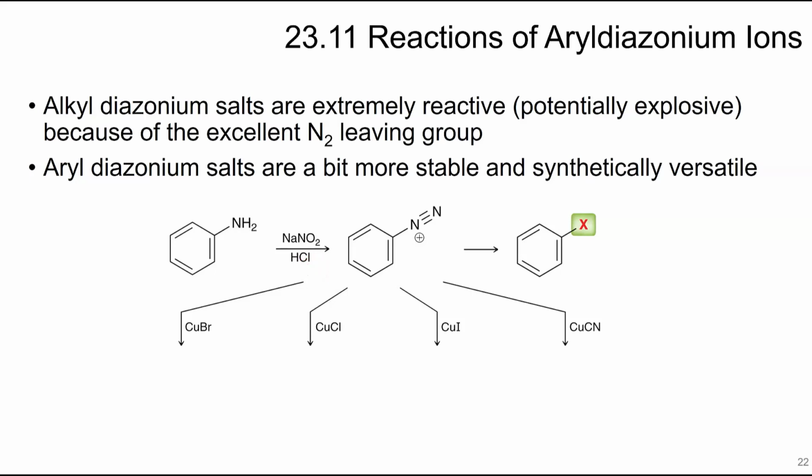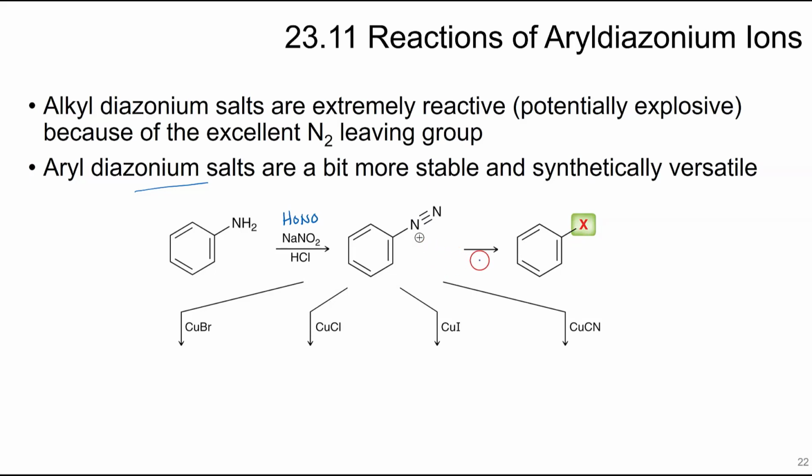That will form the nitrous acid and then the nitrosonium ion. We sometimes refer to this as HONO because of that NO2 in there. Once you have aniline, you react it with the HONO. That forms this diazonium salt, and we can use the diazonium salt to quickly put on a halogen or other groups.